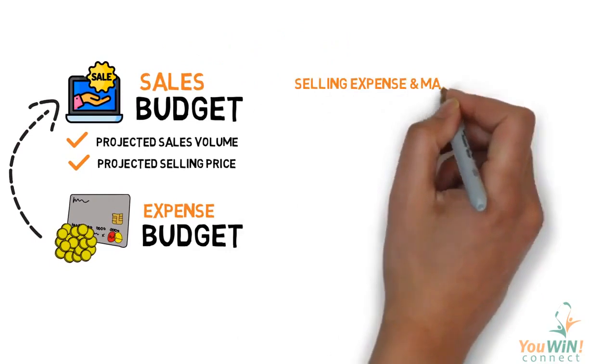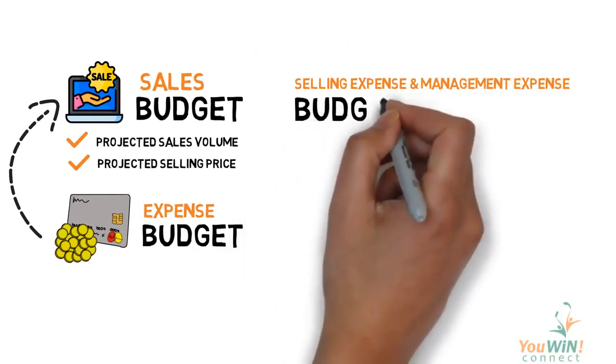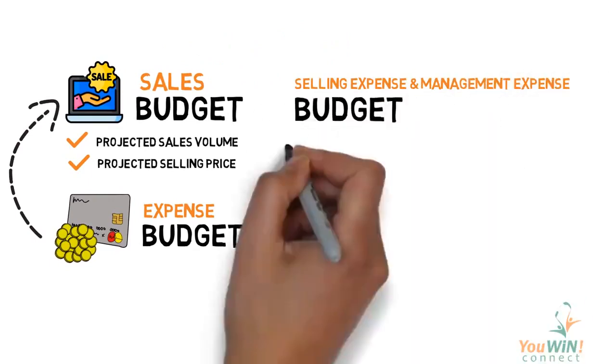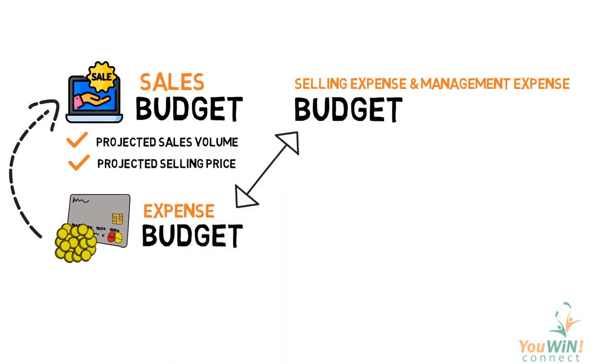Let's take a look at selling expense and management expense budget. This budget is under the expense budget. The budget of selling and management expenses illustrates how much management projects to spend on selling and managing the organization.